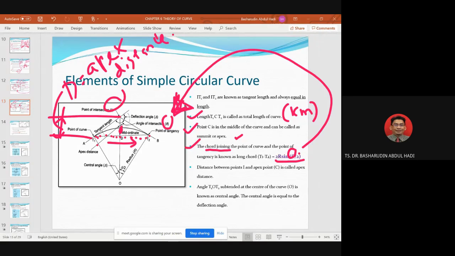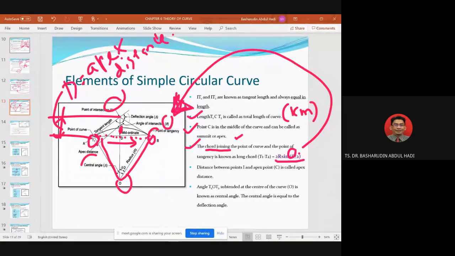Angle T1, angle O, where is O, and angle T2, subtended at the center of curvature O, is known as the central angle.